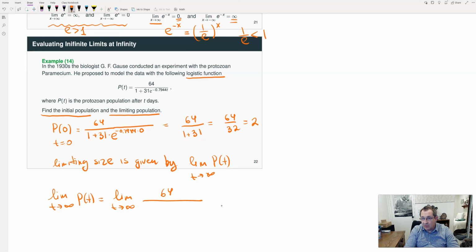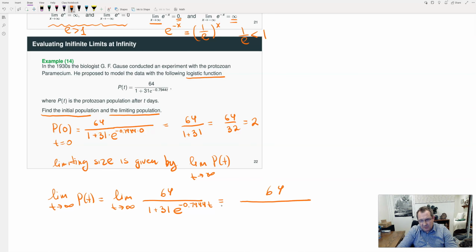64 in the numerator, 1 plus 31 times e raised to the power of negative 0.7944 t. Okay, according to the laws of limit, we can replace the limit of that fraction with the following.